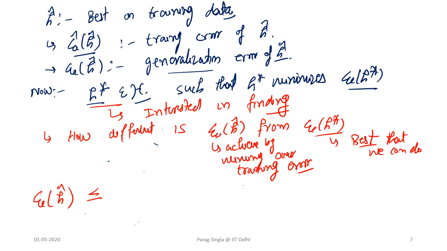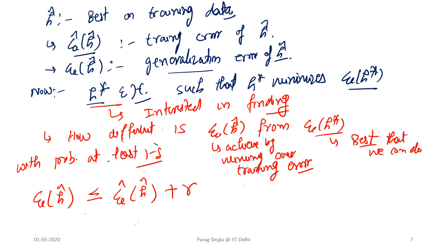Therefore, we can say that this is less than or equal to epsilon hat of H hat plus gamma. And whatever I'm writing here holds with probability at least 1 minus delta, where delta is the way we defined it on the previous slide. So this set of inequalities will hold with probability at least 1 minus delta.